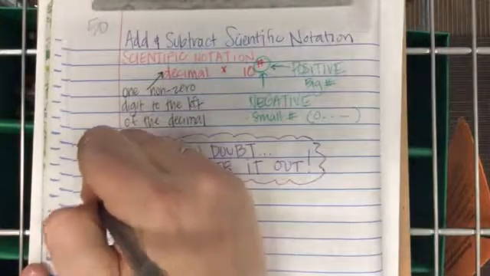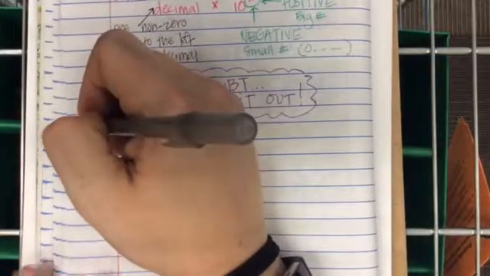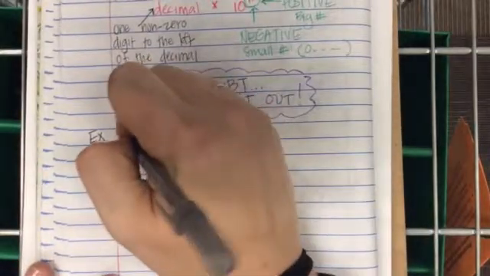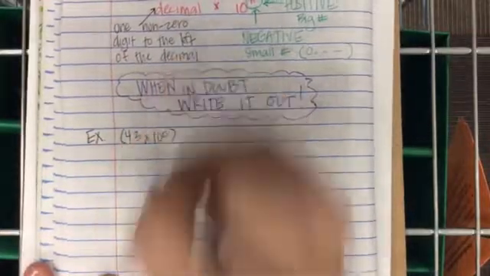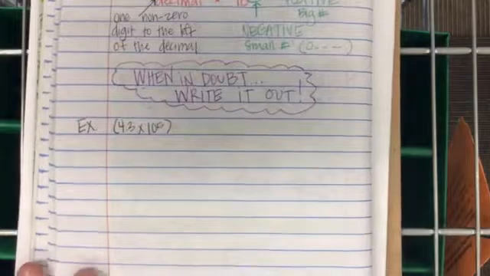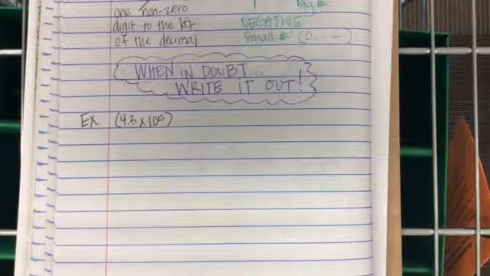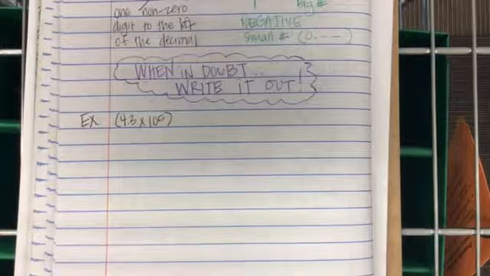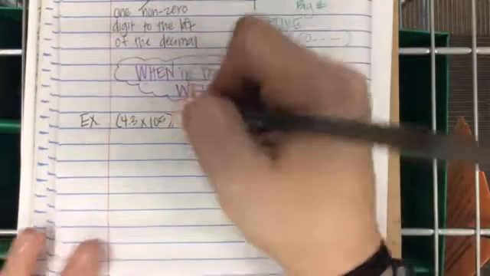Here we go. If I give you the number 4.3 times 10 to the 5th, is that scientific notation? Yeah. It's inside parentheses mainly to show you that it belongs together. The parentheses don't have anything mathematical to do. They're just grouping them, showing you that they belong together.